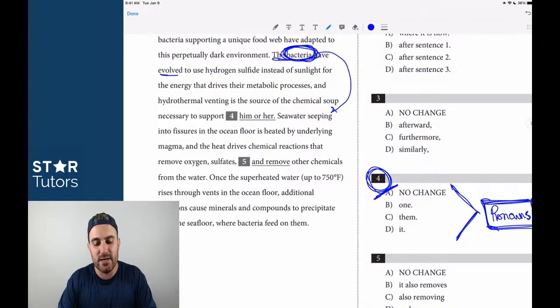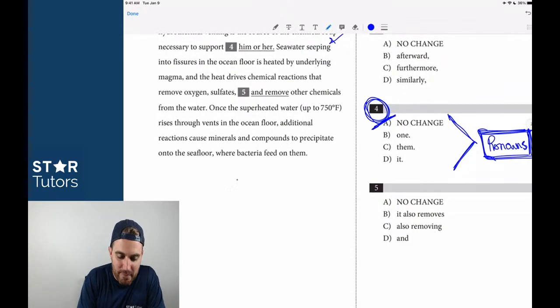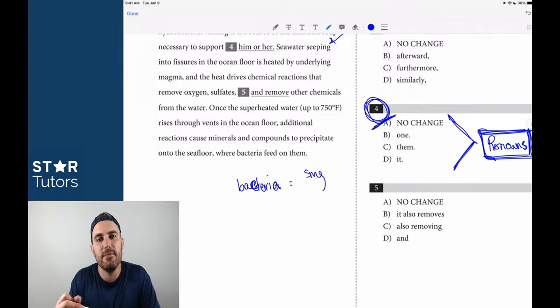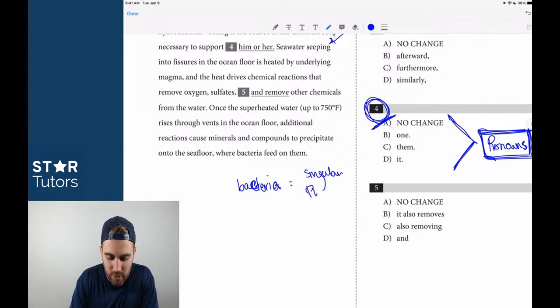Now this is tricky because bacteria is the same, both singular and plural. A bacteria or the bacteria have, right? A bacteria has. These are both the same, singular and plural.